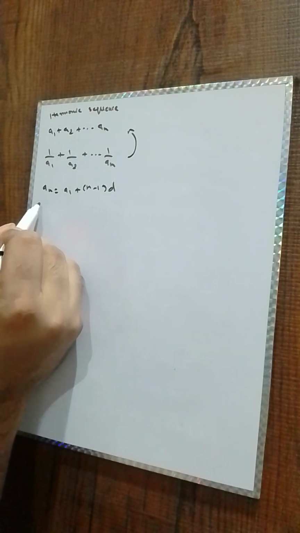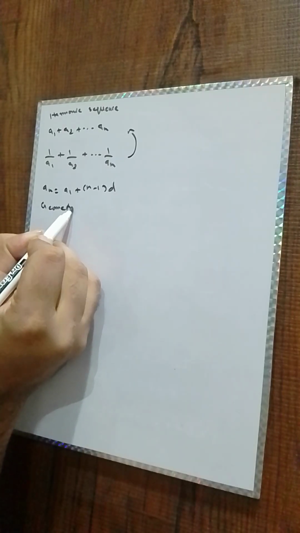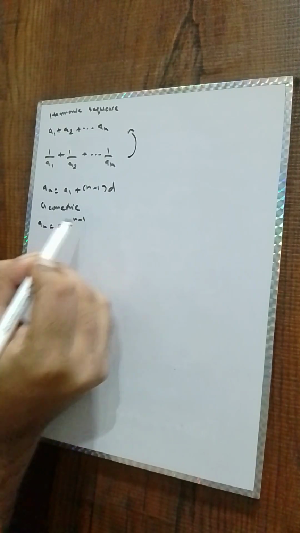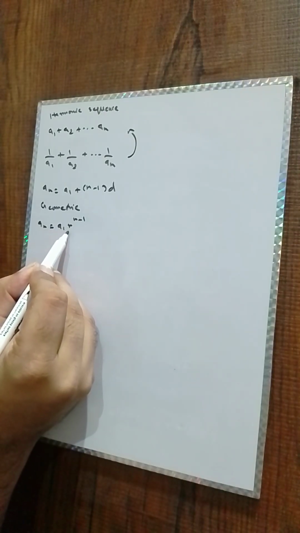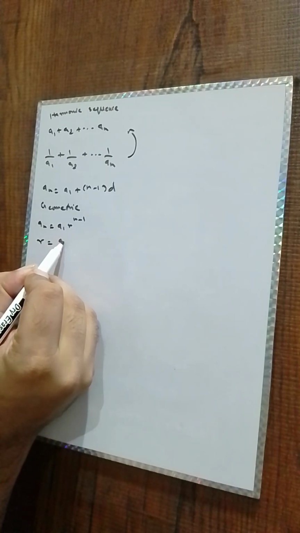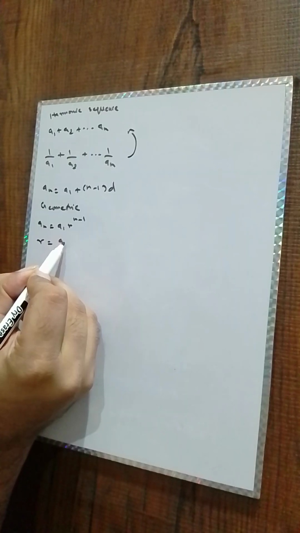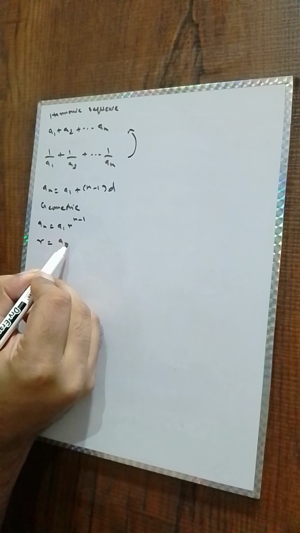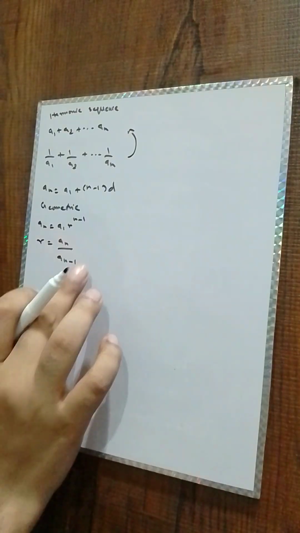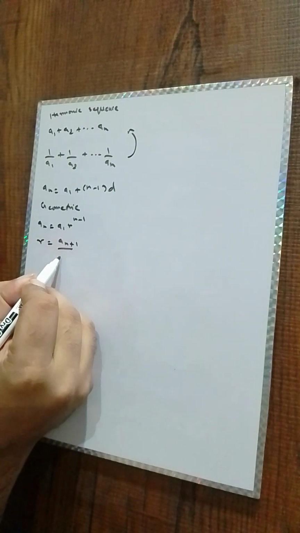And when it comes to the geometric sequence, which is important, the nth term is a1 r to the power n minus 1. First term, the ratio r to the power n minus 1, where r is an by a n minus 1, or simply a n plus 1 by a n.